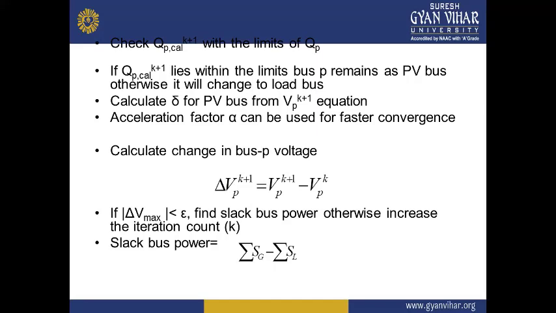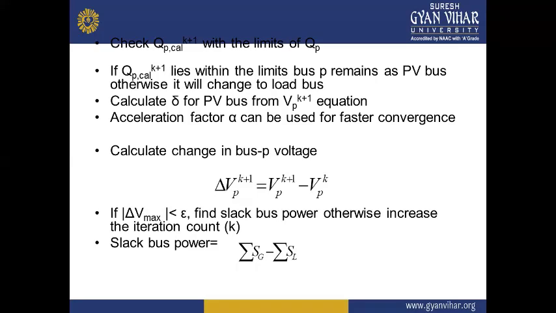Similarly, after this, we will calculate the delta for the PV bus from the VP equations. Acceleration factor alpha can be used for faster convergence. That means by the introduction of this accelerating factor alpha, we can increase the speed of the convergence.